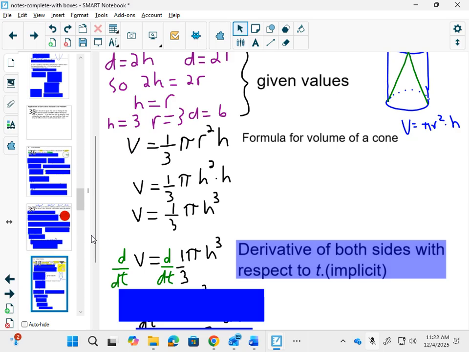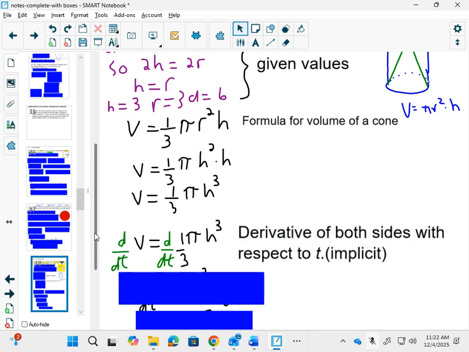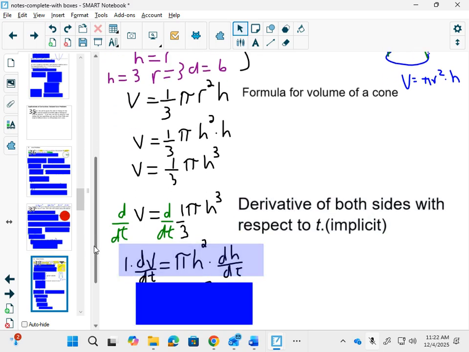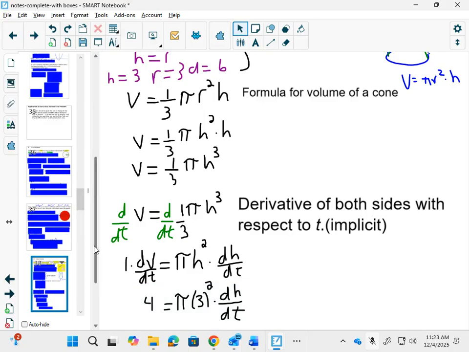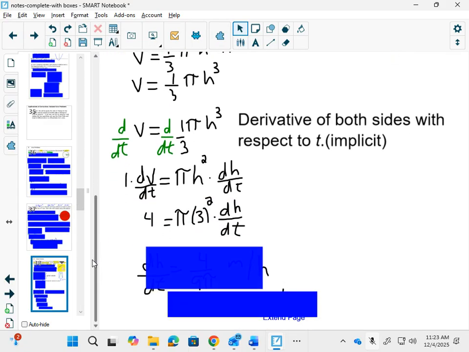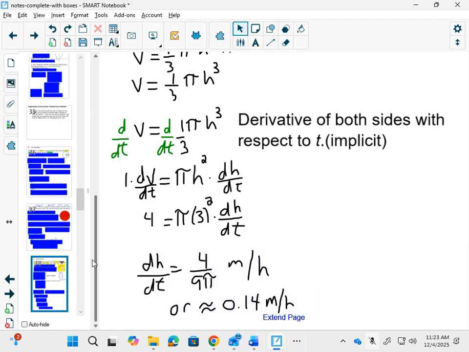Take d/dt of both sides. We want to find dH/dt. We know the H, we know dV/dt. It's just a matter of plugging things in and solving.